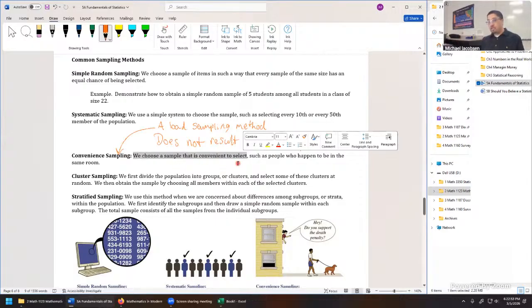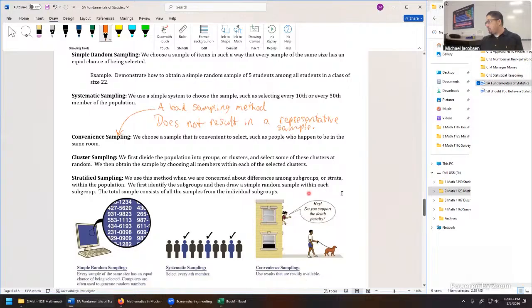It was convenient to select because you're here right now, and assuming you answer the survey question, whatever it happens to be, I have data now. But us people in Zoom right now certainly can't represent all Idahoans. Just because it's easy to take that sample doesn't mean we should. It's not going to be representative, more likely than not.